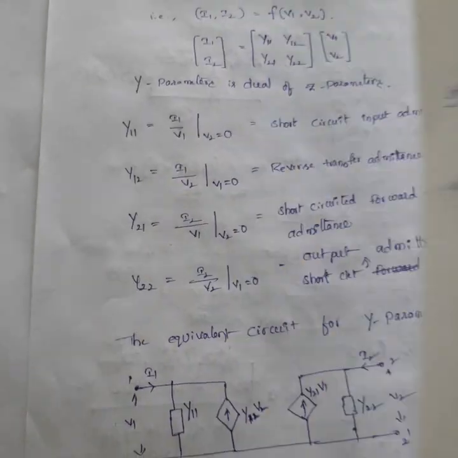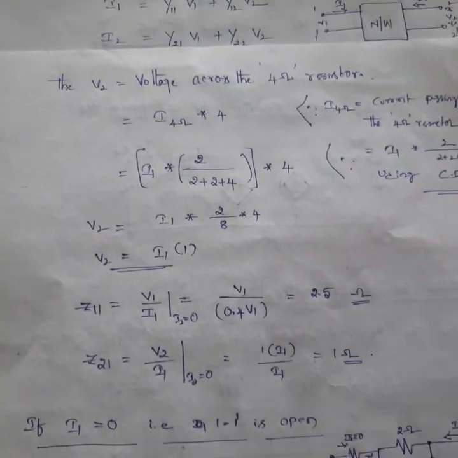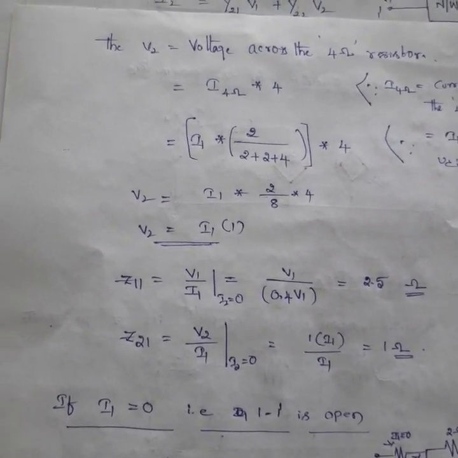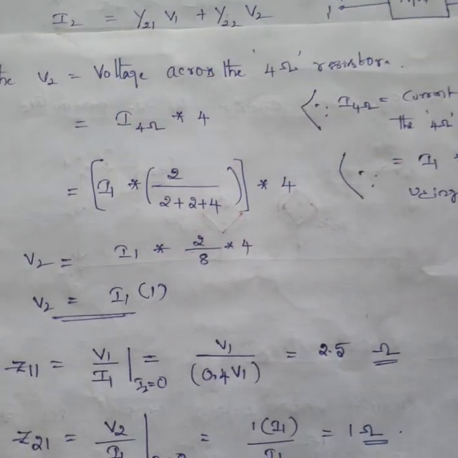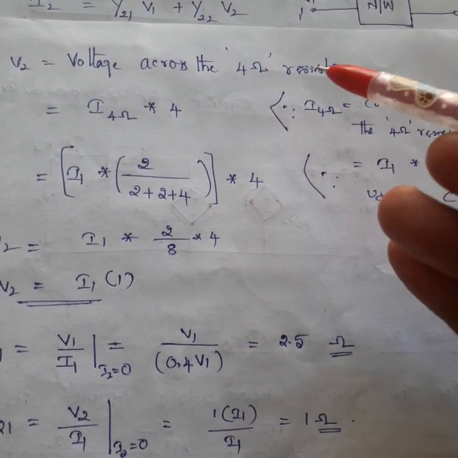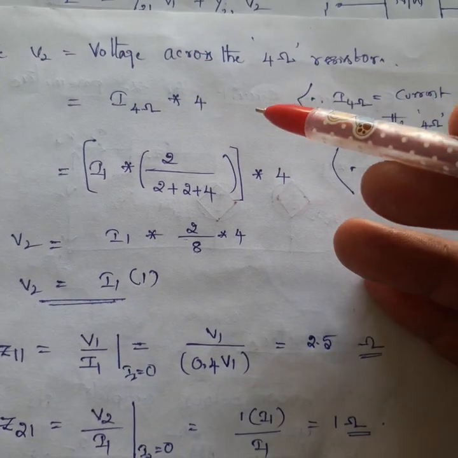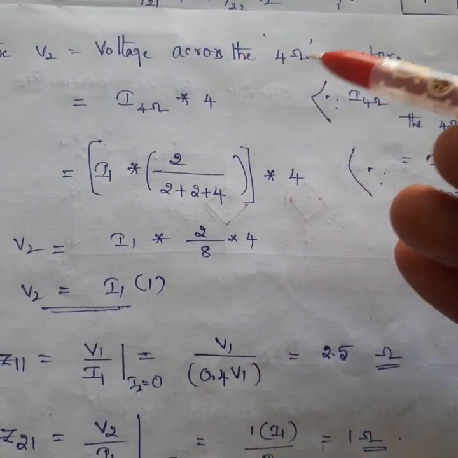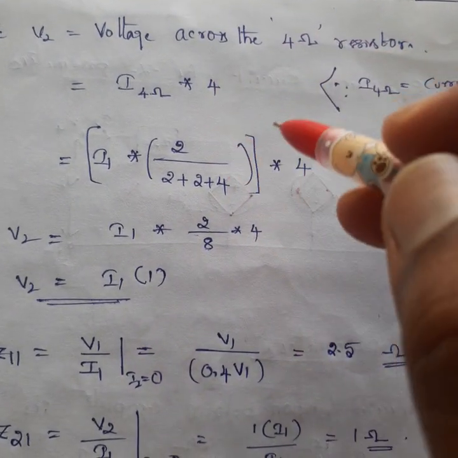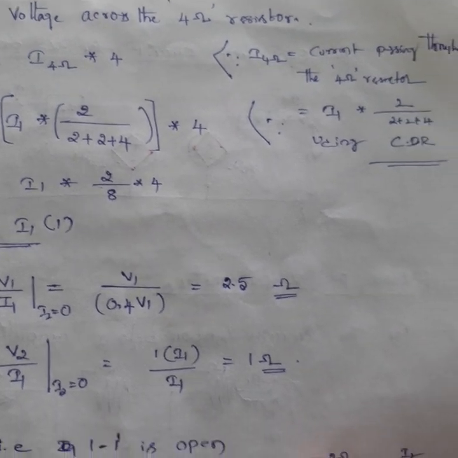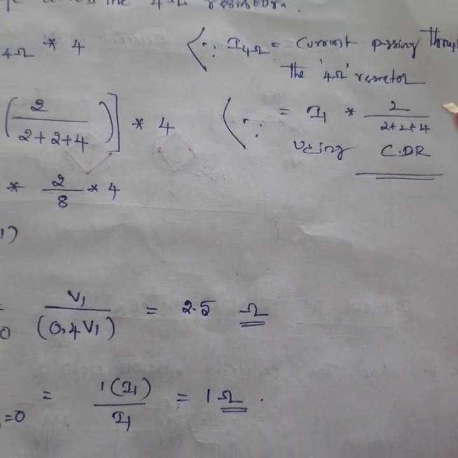Next I calculate the voltage across the 4 ohm resistor, V2. From figure A, the voltage across the 4 ohm resistor is I4 into 4, that is I into R. The current passing through the resistor is calculated from the figure.